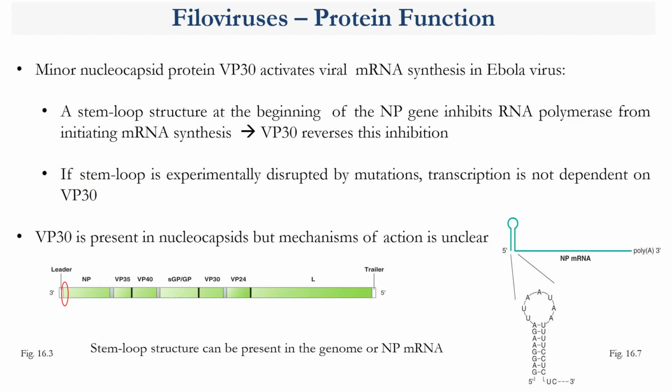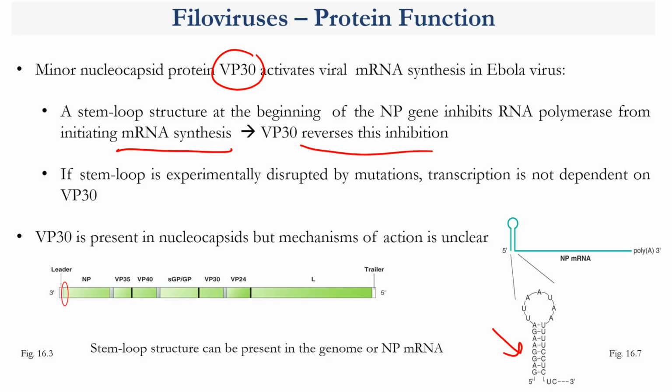All right, so continuing on, if you look at a minor nucleocapsid protein, which is VP30, it activates the viral mRNA synthesis in this Ebola virus, okay? So there's a stem loop structure, so again, secondary structure that looks like a hairpin at the beginning of this NP gene that inhibits the RNA polymerase from initiating mRNA synthesis. So this VP30 actually reverses this inhibition, okay?